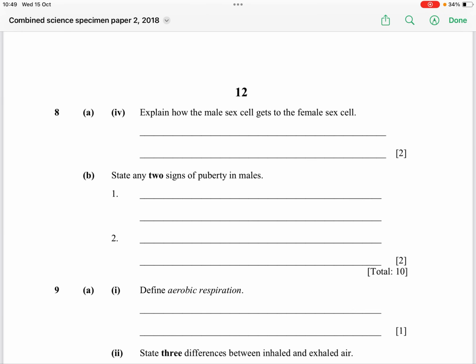We are now on number 8A, part 4. We are required to explain how the male sex cell gets to the female sex cells.